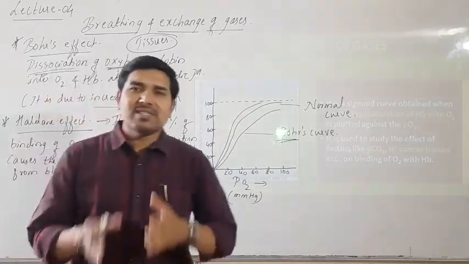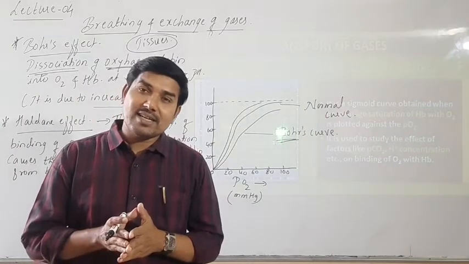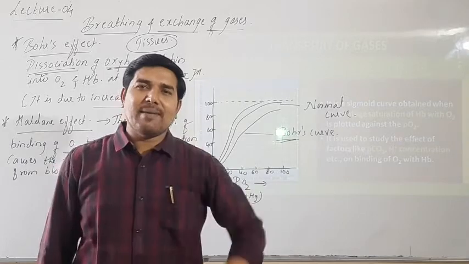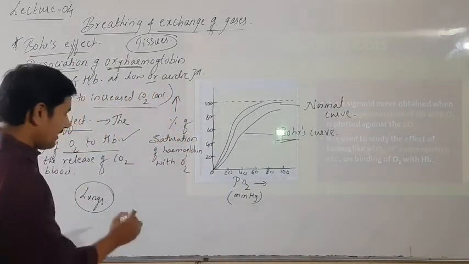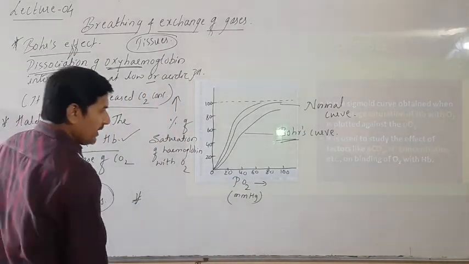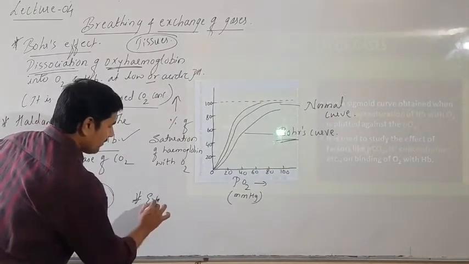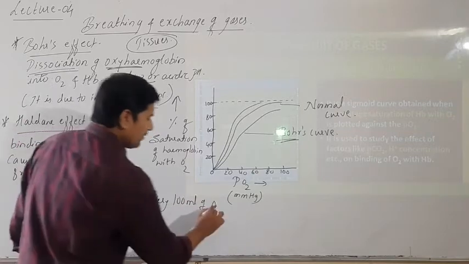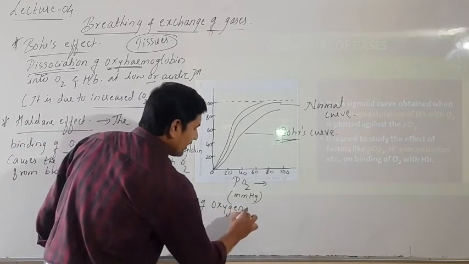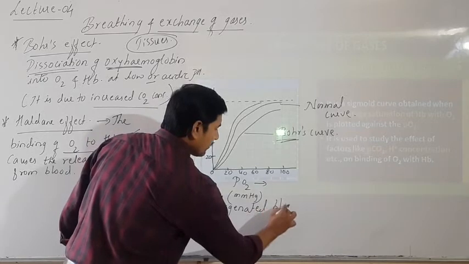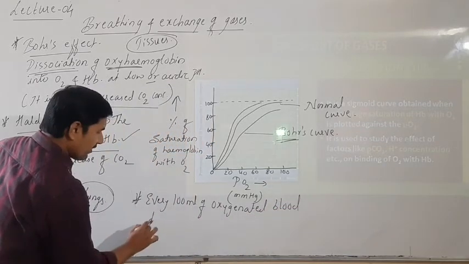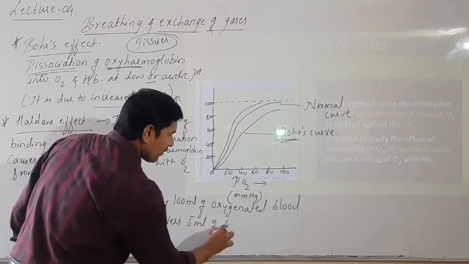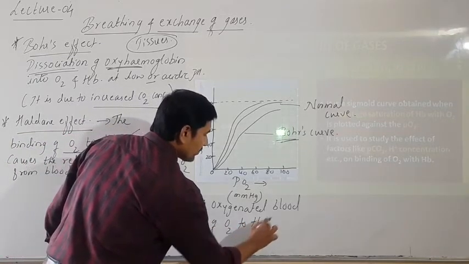Now, what is the amount of oxygen that is transported in the blood to the tissues? For every 100 ml of oxygenated blood, it delivers 5 ml of oxygen to the tissues.